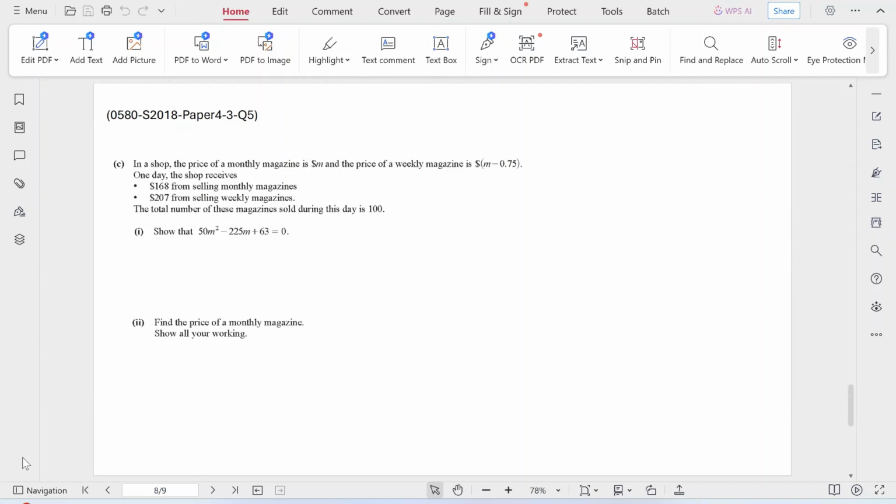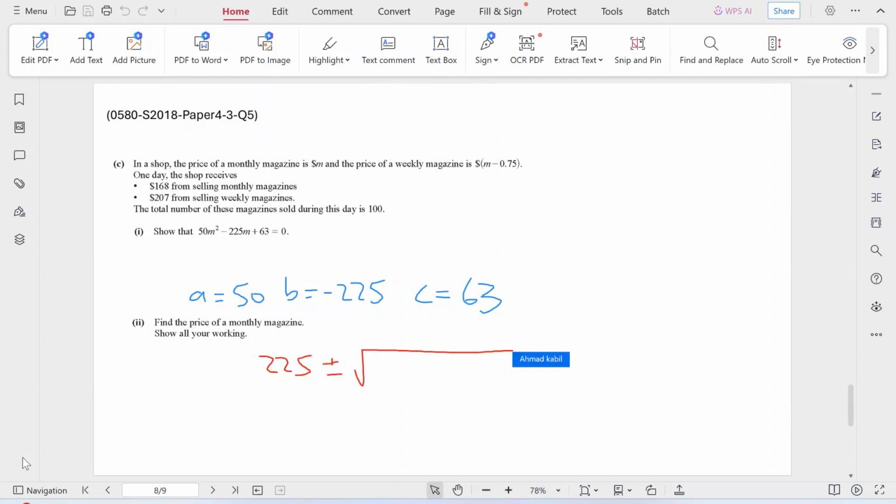Next, we want to find the price of the monthly magazine. All we have to do is apply the quadratic formula, minus B. So here A is 50. B is negative 225. C is 63. Minus B would be positive 225 plus minus root B squared would be 225 squared.